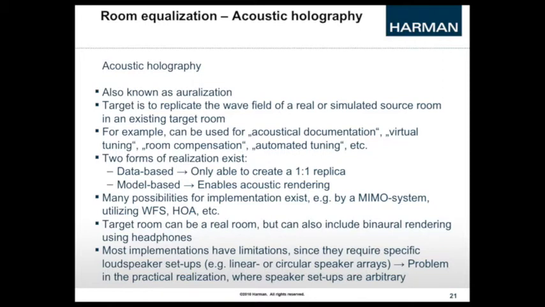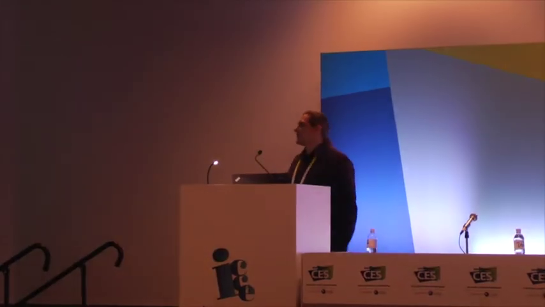You have a virtual room simulated on your computer, you place an acoustical source there, and then you play this back in a real room using those wave field synthesis filters, with the effect that you have in the real room the wave field as simulated in your virtual source room.